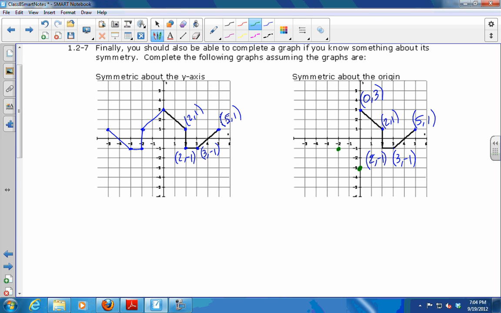Instead of 2, -1, what's my new point going to be? -2, +1. Yeah, take the opposite. And instead of 3, -1, I would do -3, +1. And instead of 5, 1, I'll do -5, -1. So this is my reflection over the origin.